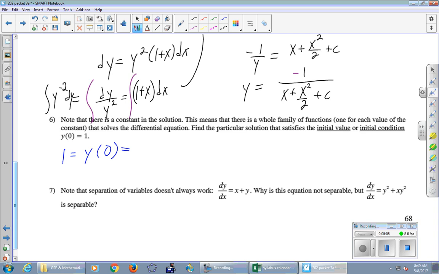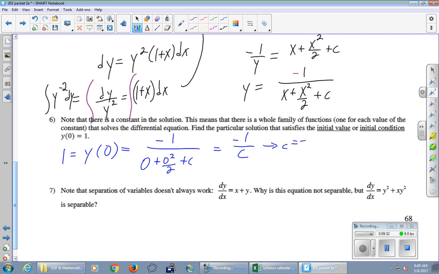All right, so they're telling us that if we plug in x equals 0, we're supposed to get 1 as the final answer, the output. So let's calculate here. Negative 1 over, all these x's are becoming 0, 0 plus 0 squared over 2 plus c. So how much is c?